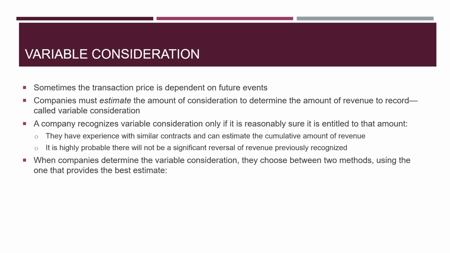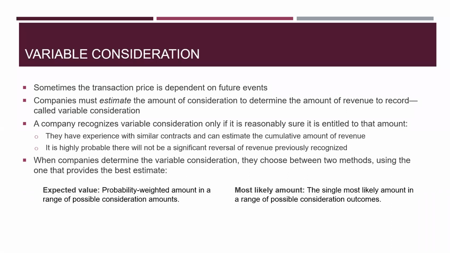So then the company has to look at their past experience with regards to similar contracts and make sure that there is no probability of any significant reversal, which means that most likely they will get the bonus. If that is the case, then they will have to recognize or estimate the amount for that particular variable consideration.